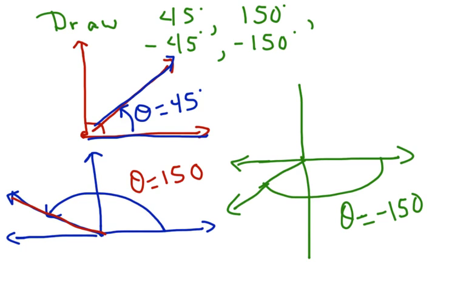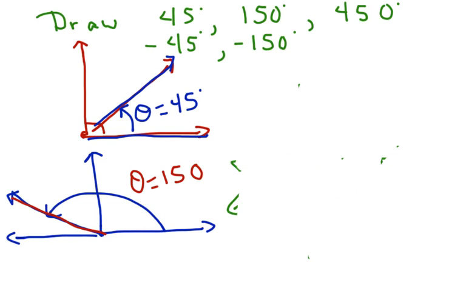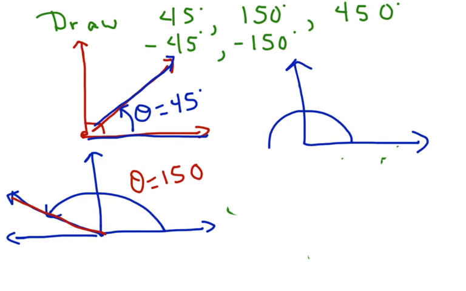I'm going to go ahead and draw 450. 450 degrees. So in that case, let me erase this one. 450, I'm going to draw a right angle here. I'm going to go all the way around. That is 360.